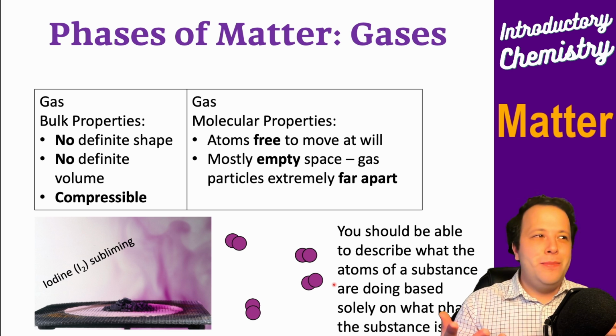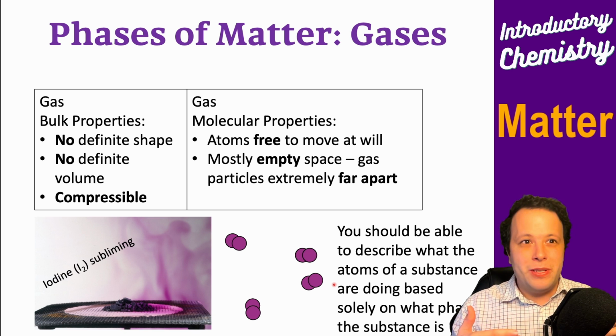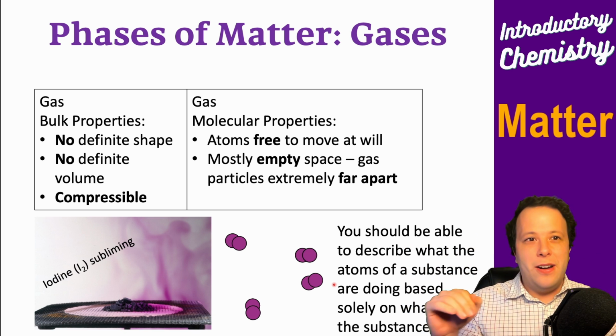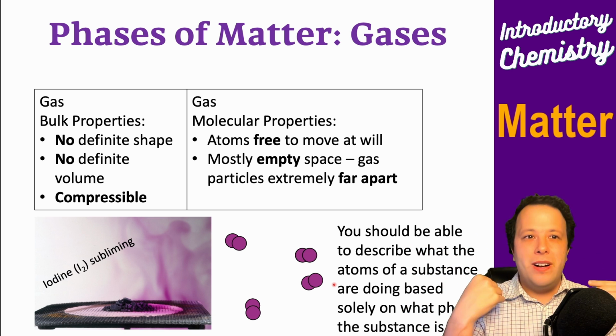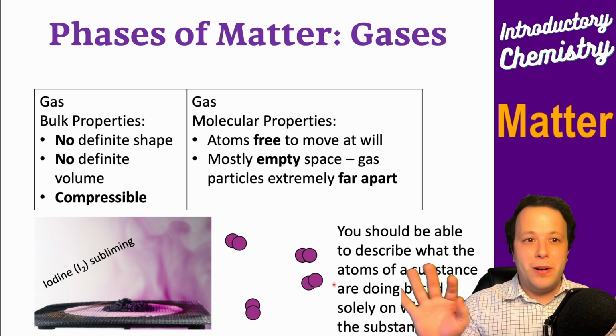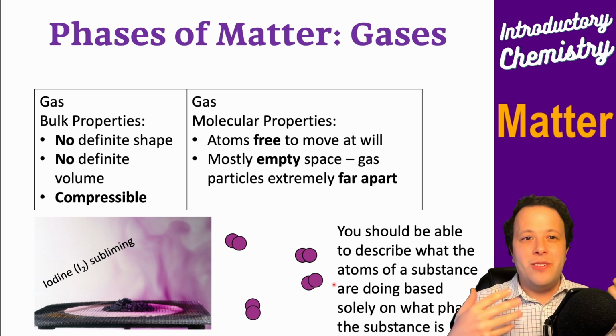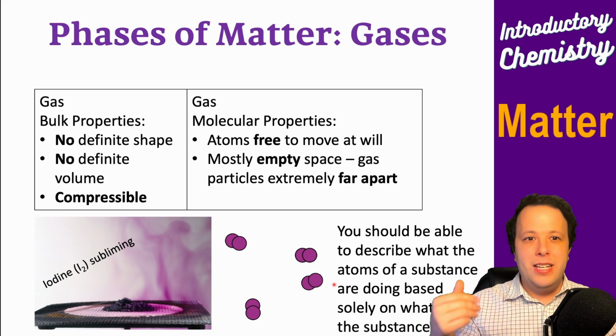That's because gas atoms are like little billiard balls that are free moving and exist very, very far apart, meaning that there's a ton of empty space between them. They move extremely fast, which generally has to do with the temperature.